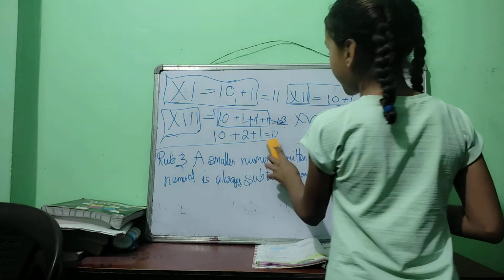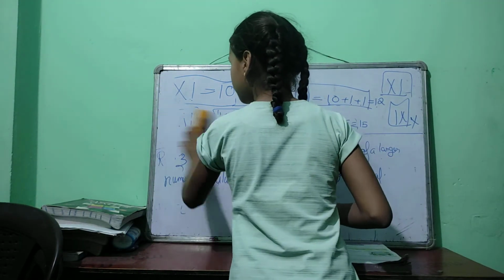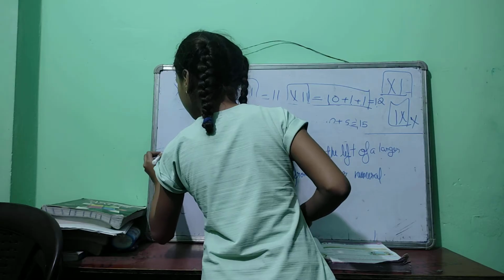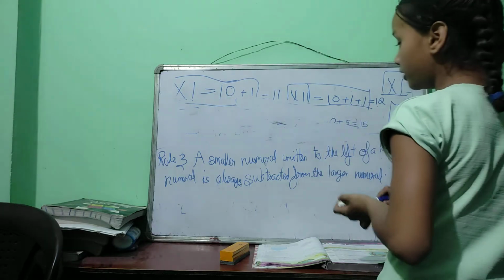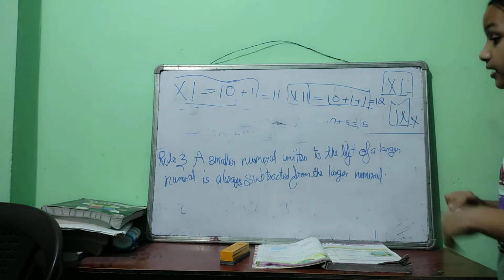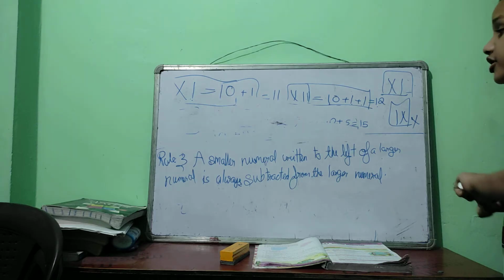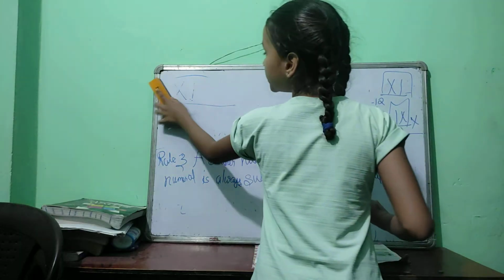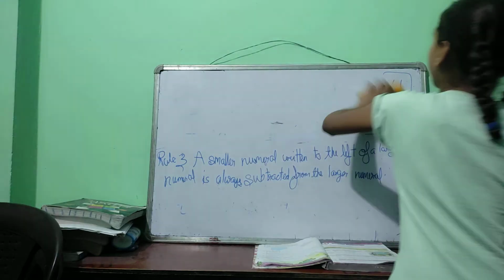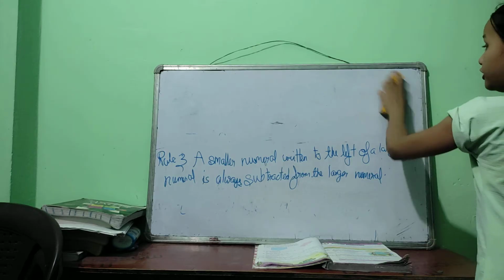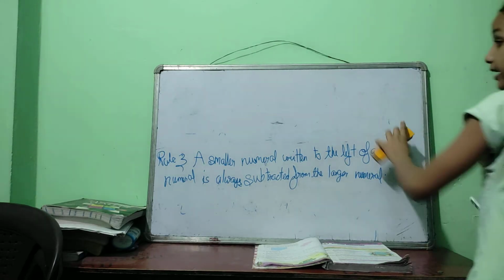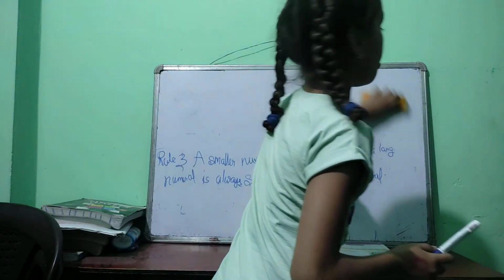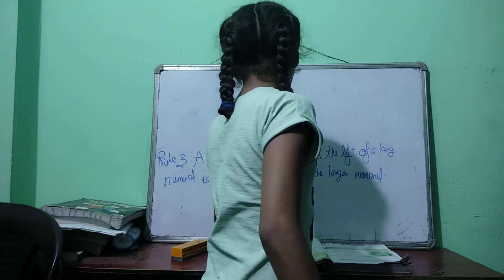Now the next, rule number 3. A smaller numeral written to the left of a larger numeral is always subtracted from the larger numeral. I will give a question on my YouTube channel, so you have to give the answer in the comments. If your answer is correct, you will get 10 points.